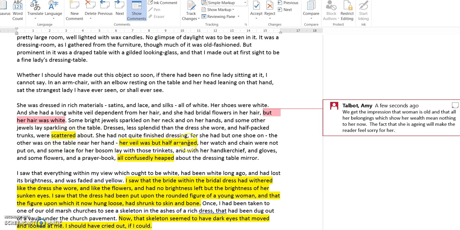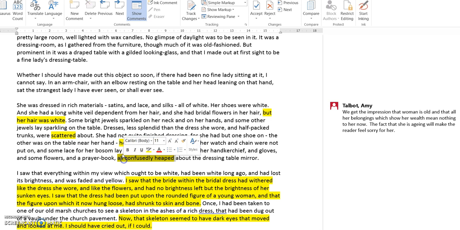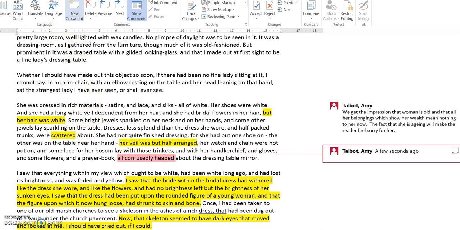Her veil was half arranged. Everything is all confusedly heaped. And so those three things I might sort of put together, and sort of the writer is presenting an image of this woman being dishevelled, which means messy.